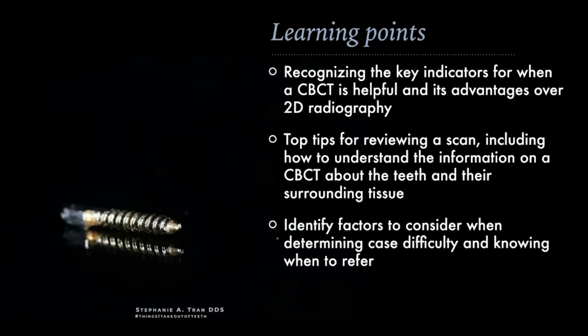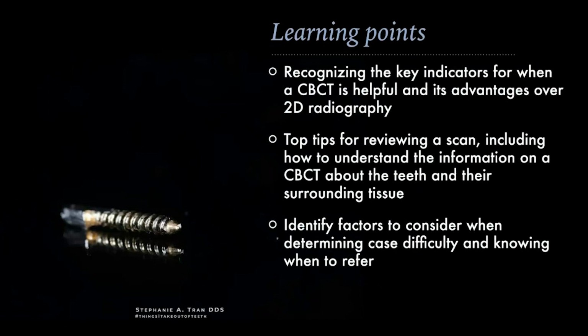Today we're going to be discussing the main key features about CBCTs and when it's important to use them, including in general practice, when trying to better diagnose and treatment plan for endodontic treatment. We're going to be discussing the key indicators for when a CBCT is helpful and when it's actually more advantageous than 2D radiography alone.